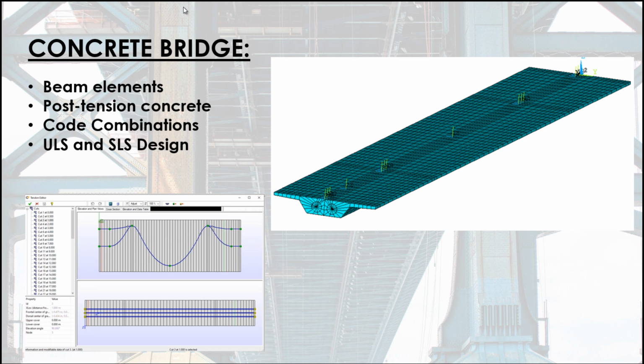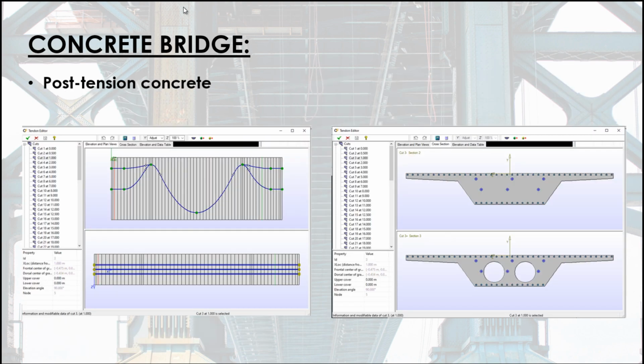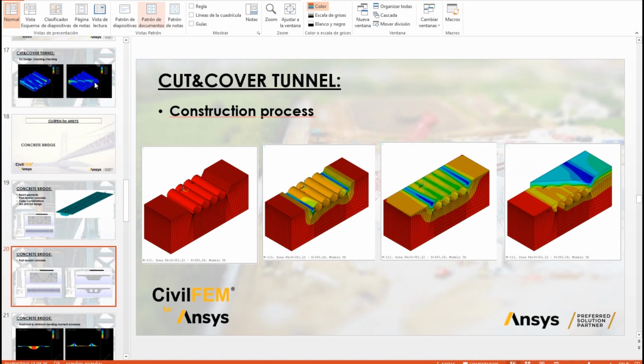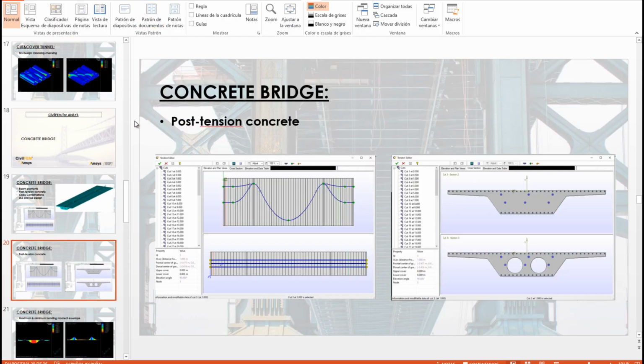CivilFEM has some capabilities for defining the tendon layout, then calculating long-term and short-term losses, and applying equivalent forces and moments to the model. Those forces and moments applied to the model can be combined with the rest of the structure and with the rest of the loads, and then check and design the model.